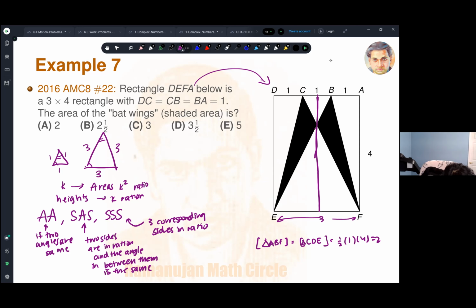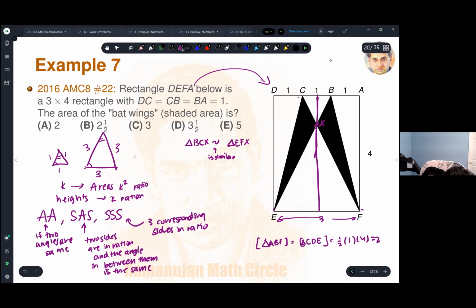So in this case, we have similar triangles. If we label this as X, then triangle BCX is similar to triangle EFX.